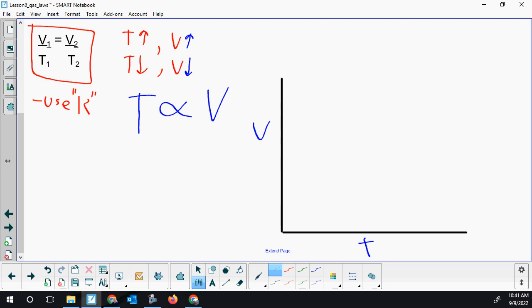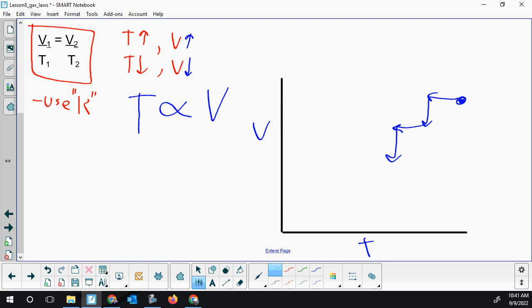Now I'm going to do the same thing as before. I'm going to put a point in, and then put some arrows in to figure out what's going on. Now I'm going to drop in temperature, and I would need to drop in volume. If I drop the temperature again, I would drop in volume.